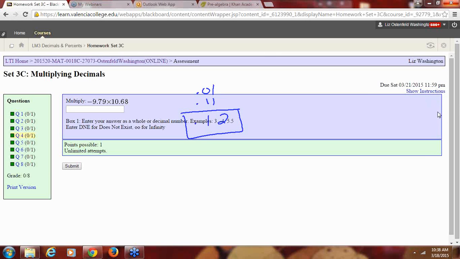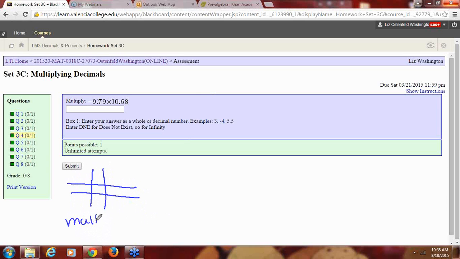Now, unlike adding and subtracting, where you have to line them up, when you're multiplying and dividing, it's not about lining up the decimal. So we're going to do this multiplication problem. Now, first of all, this is a negative number times a positive number. So I use this tic-tac-toe board for students to help them remember how signs work when it comes to multiplication and division. So again, this only works with multiplication and division, and this only works with your signs.